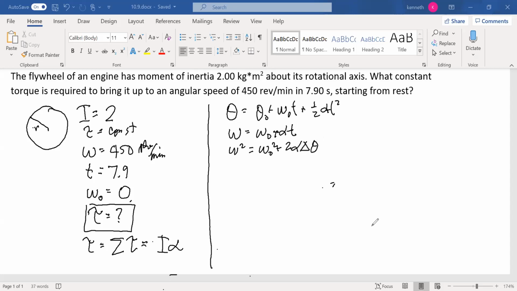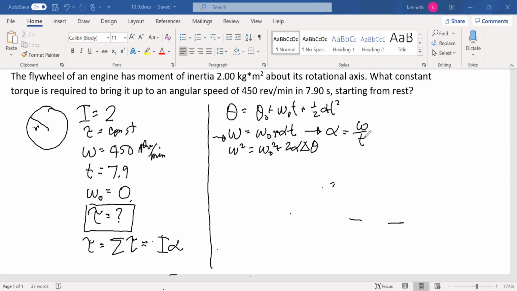We are not given the angular displacement, but we are given the time, so this is probably the one, so that the angular acceleration is omega over t.